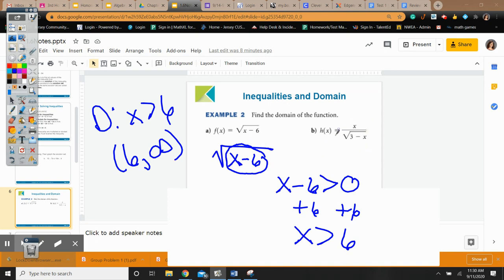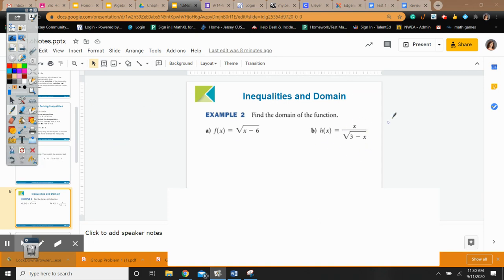Now, this one is a little bit different because there are actually 2 risk factors. The first problem is the 3 minus x has to be positive. It has to be greater than 0. But usually, I did that last problem wrong.